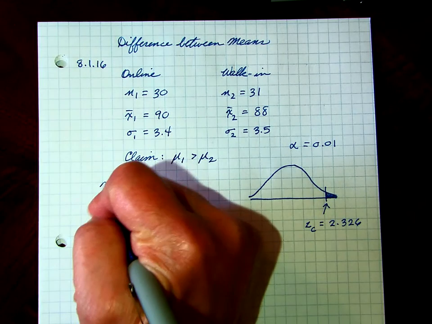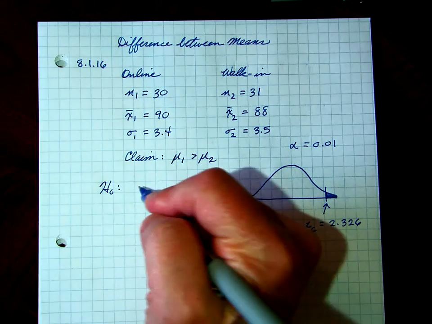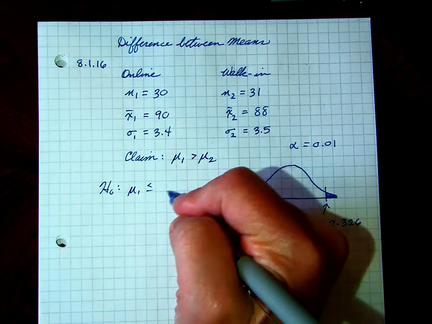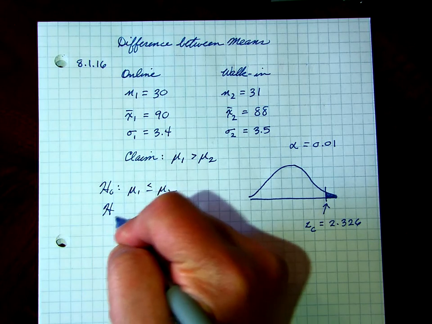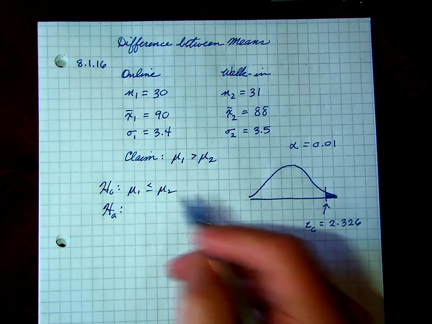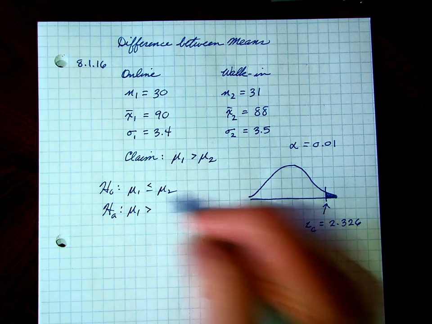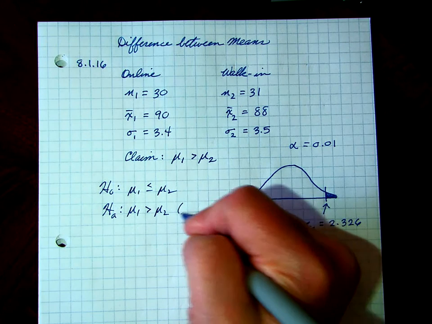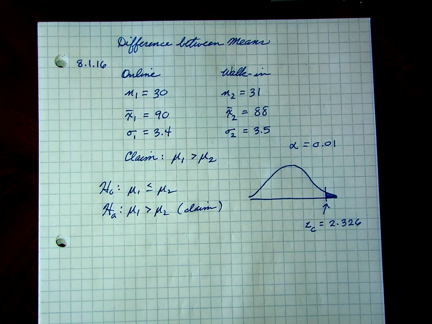So our null hypothesis has got to be the opposite of the claim, that mu1 is less than or equal to mu2. And our retailer's claim then becomes the alternative. So let me label that. That's the claim.